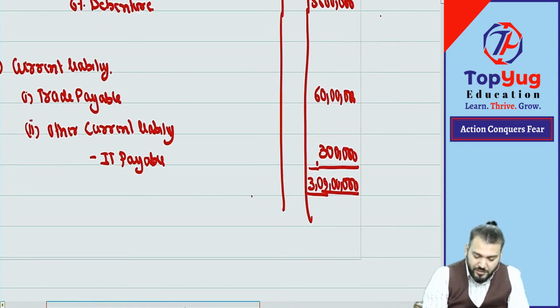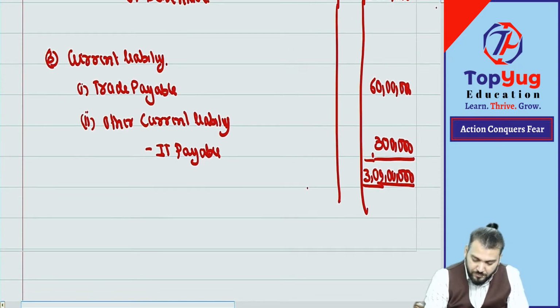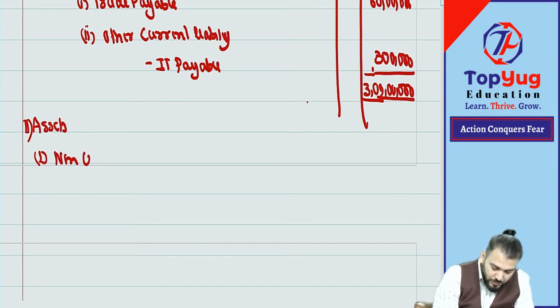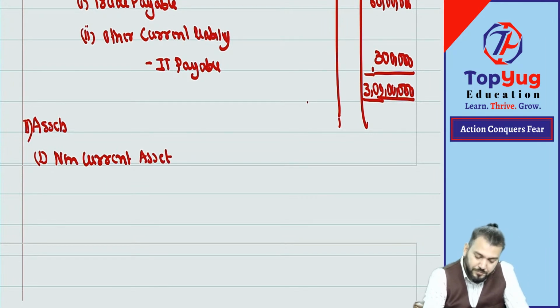Let us come to the asset side. Assets. Point number 2. In this point number 1, first what we write down? Non-current asset. Correct?